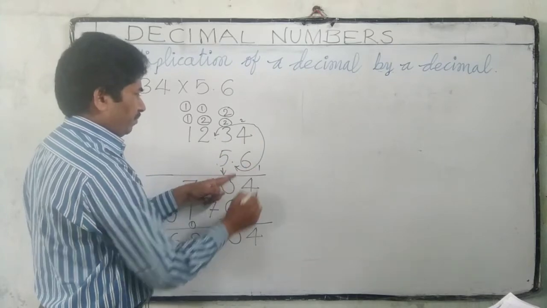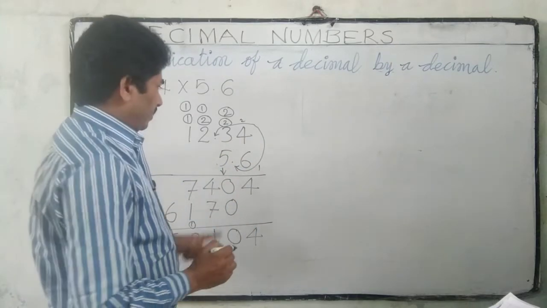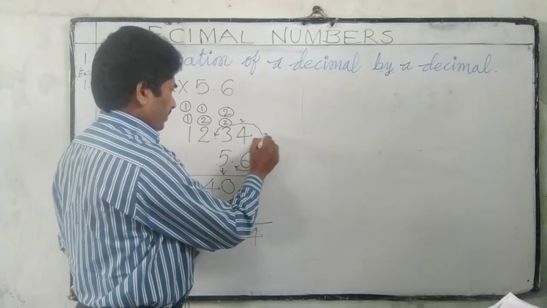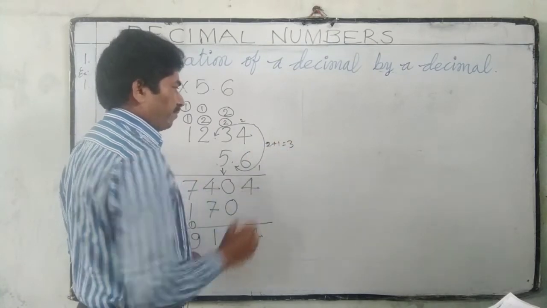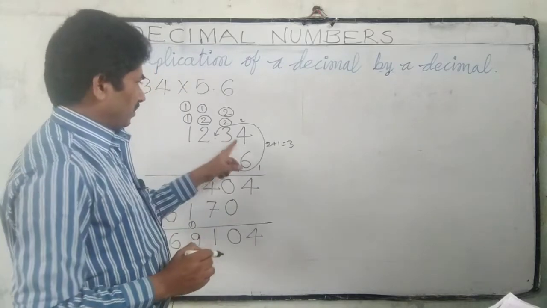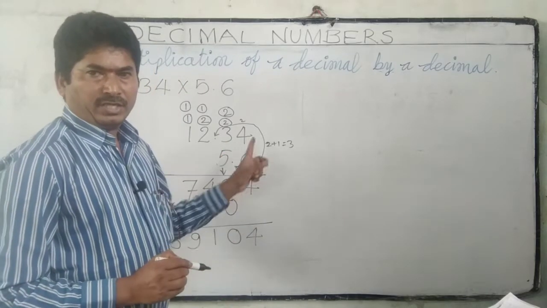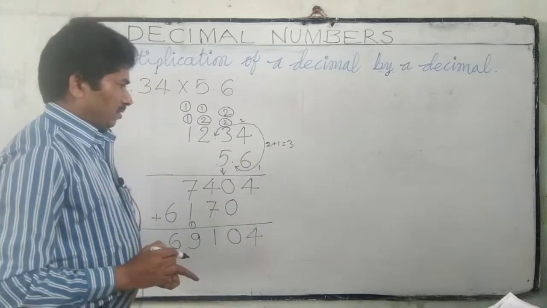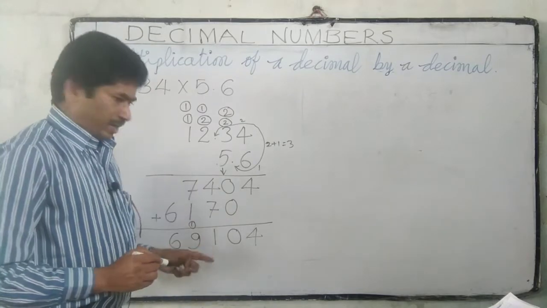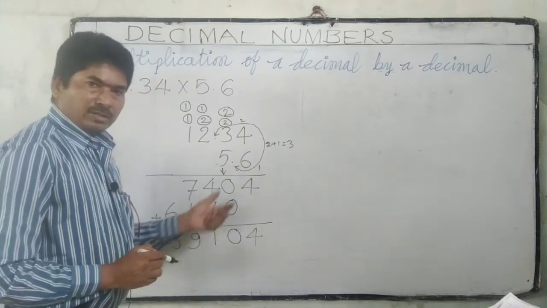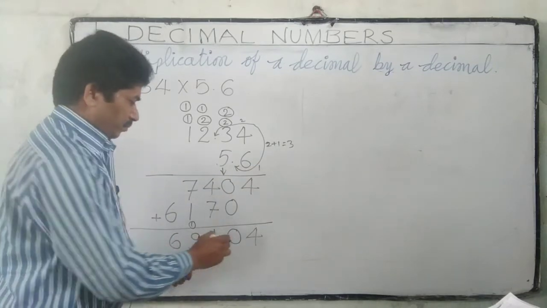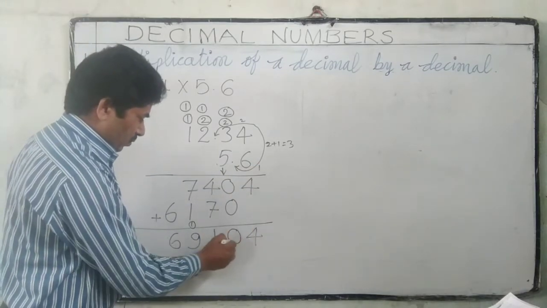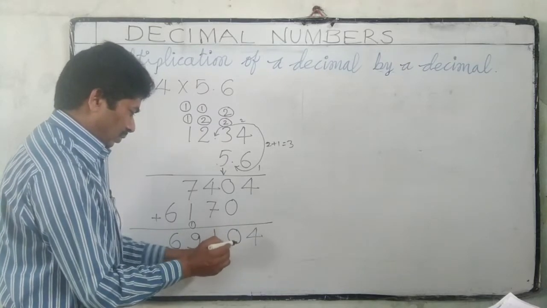Count the total number of decimal places. 2 plus 1, 3. Here total 3 decimal places. We have to show these many places in the product also, from right to left. 1, 2, 3.